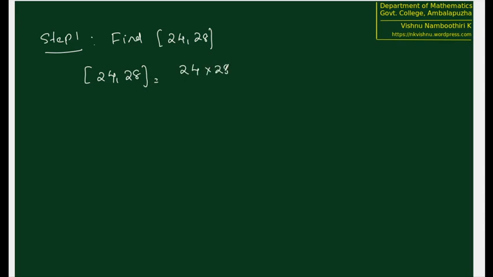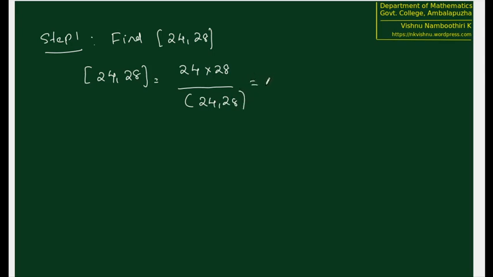Step 1, find the LCM of 24 and 28. We know that the LCM of 24 and 28 is equal to 24 into 28 divided by the GCD of 24 and 28.